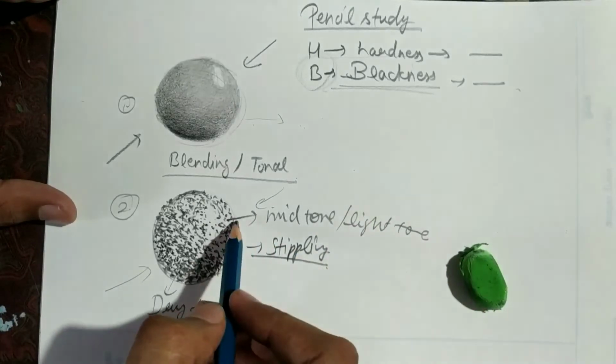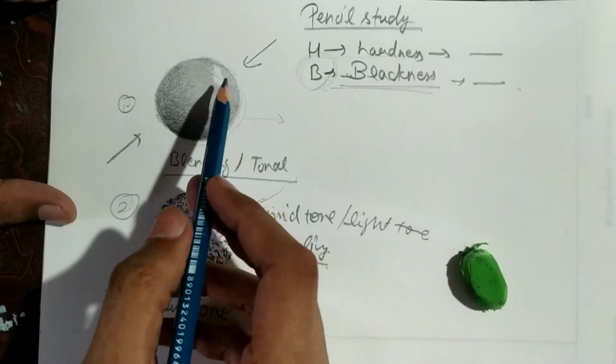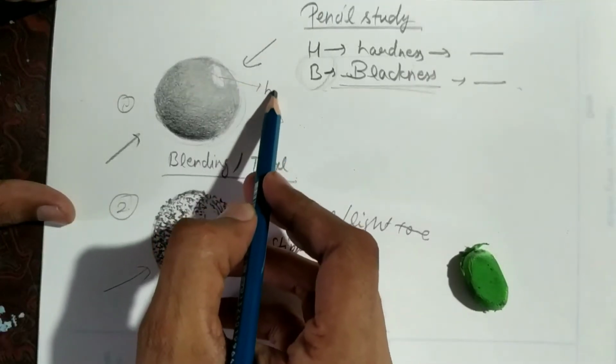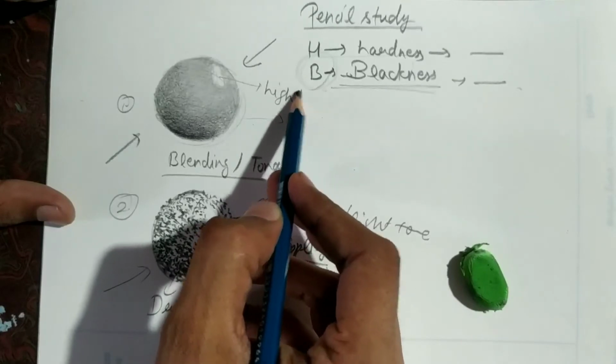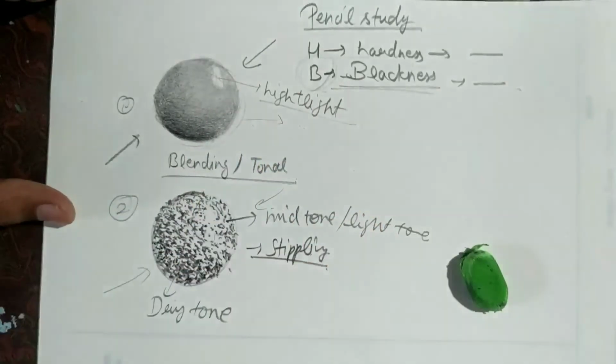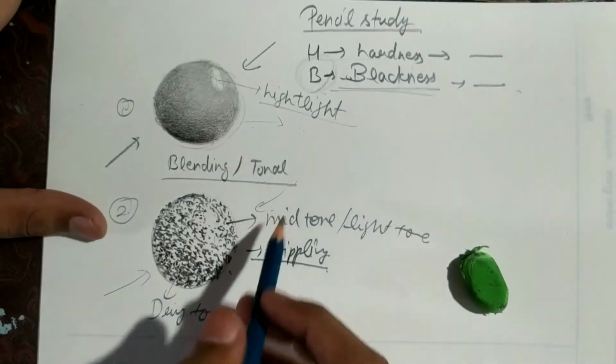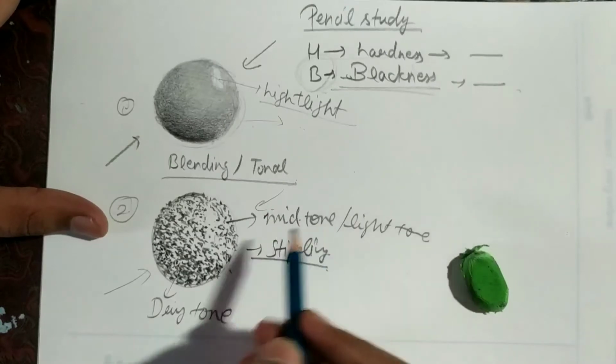And you can see there are no dots in this area, to provide the highlighted area. If the light intensity is higher in this particular area, we will call it a highlighted area. Is it clear?